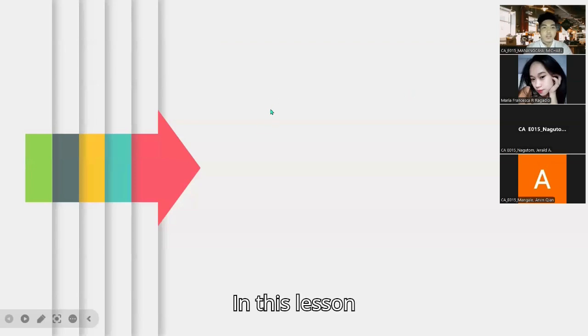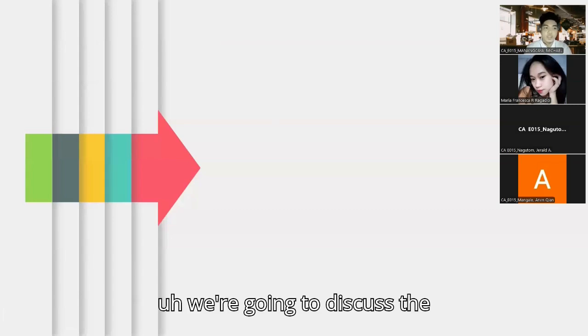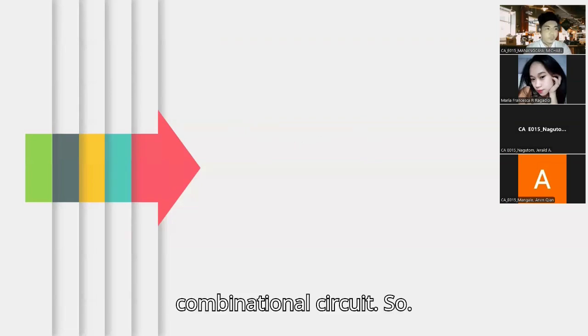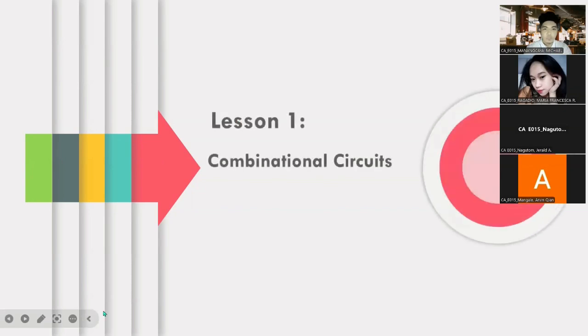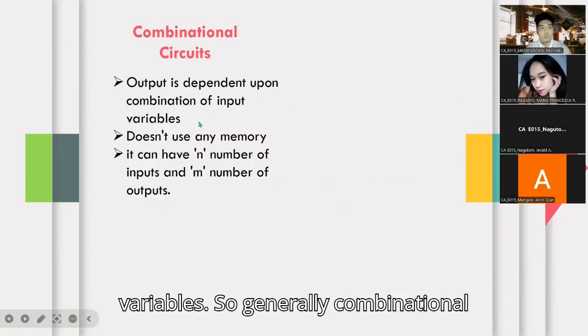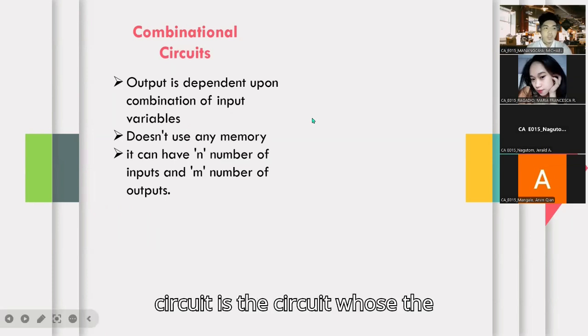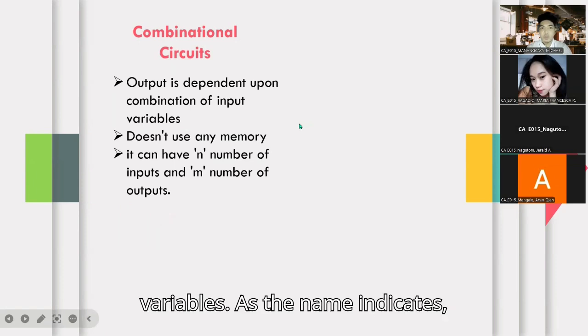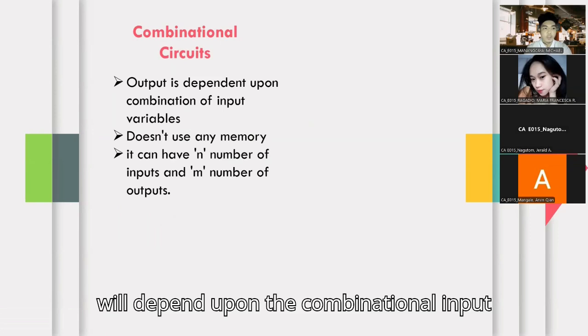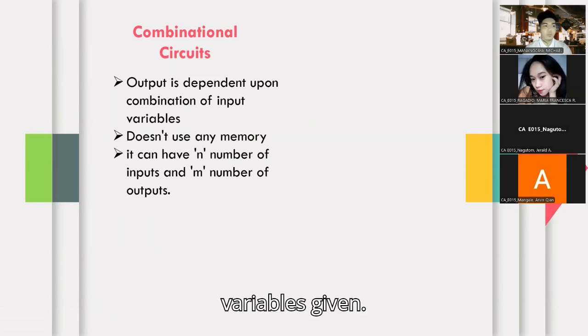In this lesson, we're going to discuss the combinational circuit. It is the continuation of the introduction of combinational circuit. The output is dependent upon the combination of input variables. So, generally, a combinational circuit is a circuit whose output will depend upon the input variables. As the name indicates, the output of the combinational circuit will depend upon the combination of input variables.